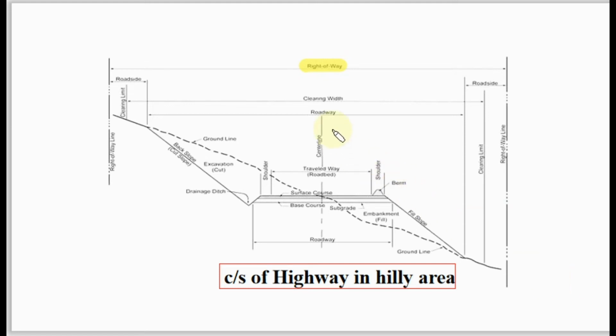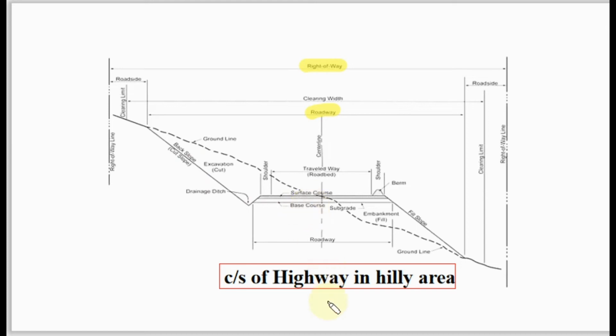Next, the roadway. The roadway basically includes the entire pavement area where the road is being constructed along with the shoulders.